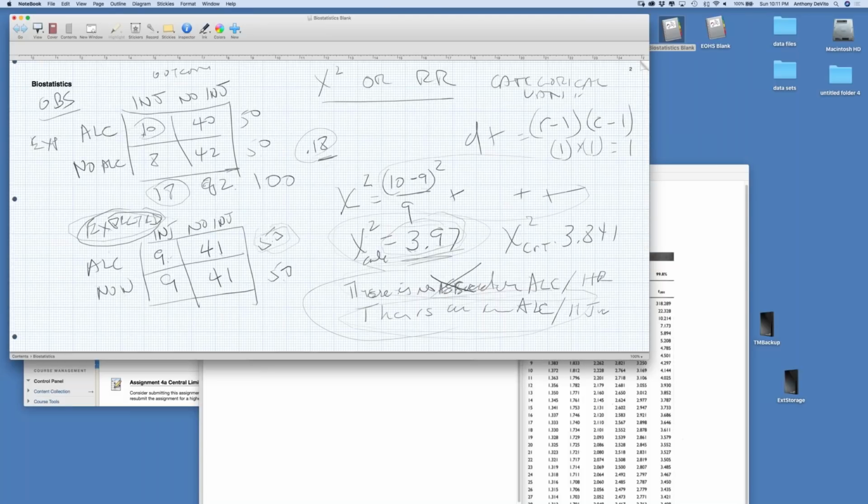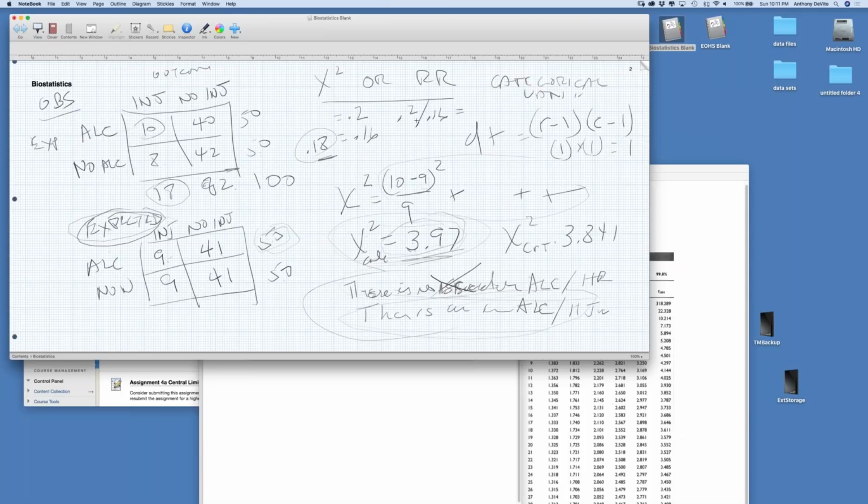Well, relative risk is, let's see, the risk of people drinking alcohol getting a head injury is 10 out of 50, right? That's equal to 0.2. And the risk for people who don't drink alcohol is 8 out of 50, which is 0.16, right? So the relative risk is 0.2 over 0.16.